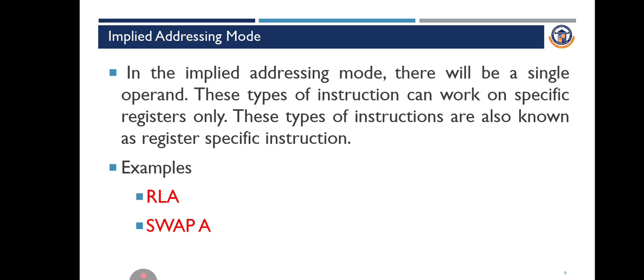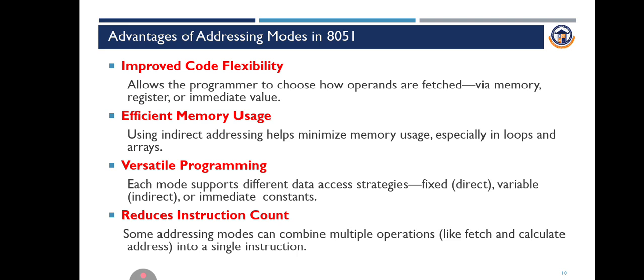Whereas in the swap operation, the accumulator value is converted into binary, that 8-bit value. Here the MSB value and LSB value are shifted with each other, so the value will be swapped. That's why we use implied addressing mode.